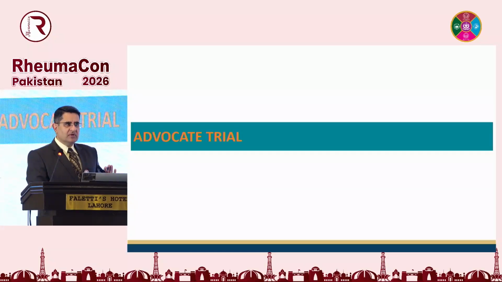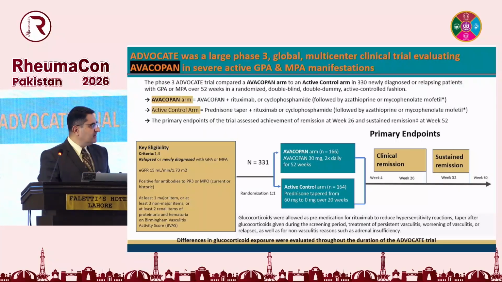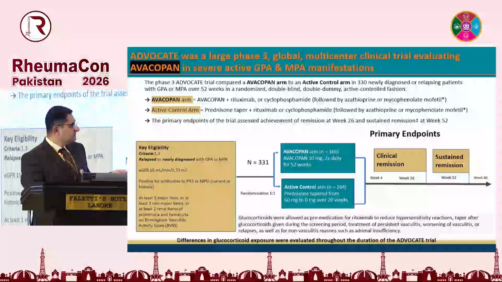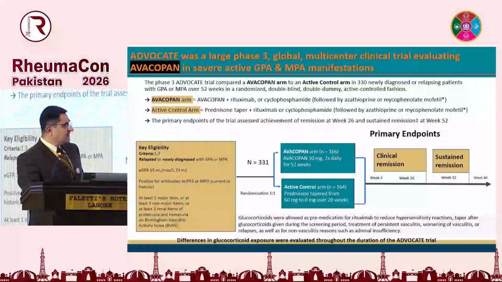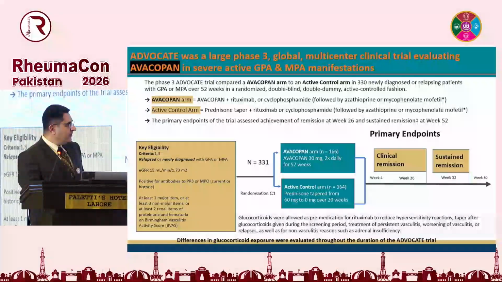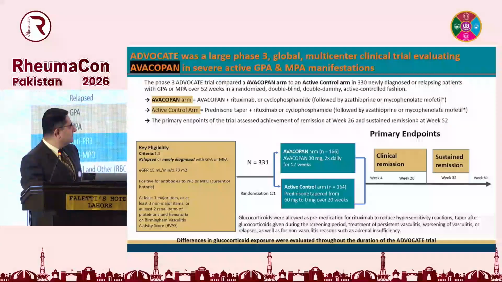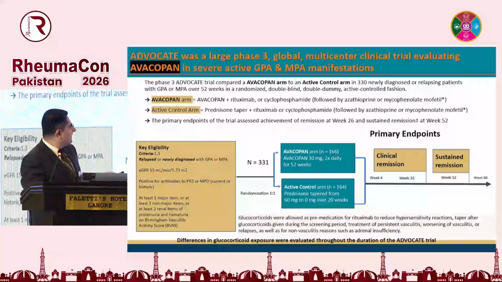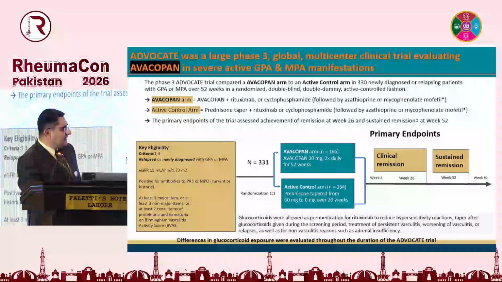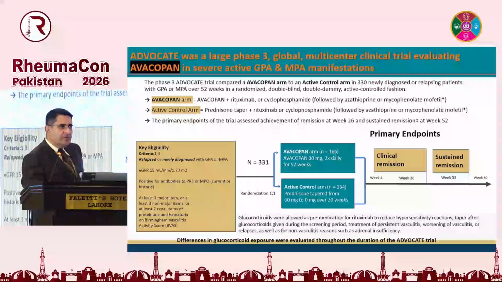I'm just going to give the salient features, not going into the details. There were nearly 330 patients in the Avacopan arm and in the conventional control group. The endpoints were interesting: at 26 weeks, clinical remission, and then at 52 weeks, that remission must still be there.